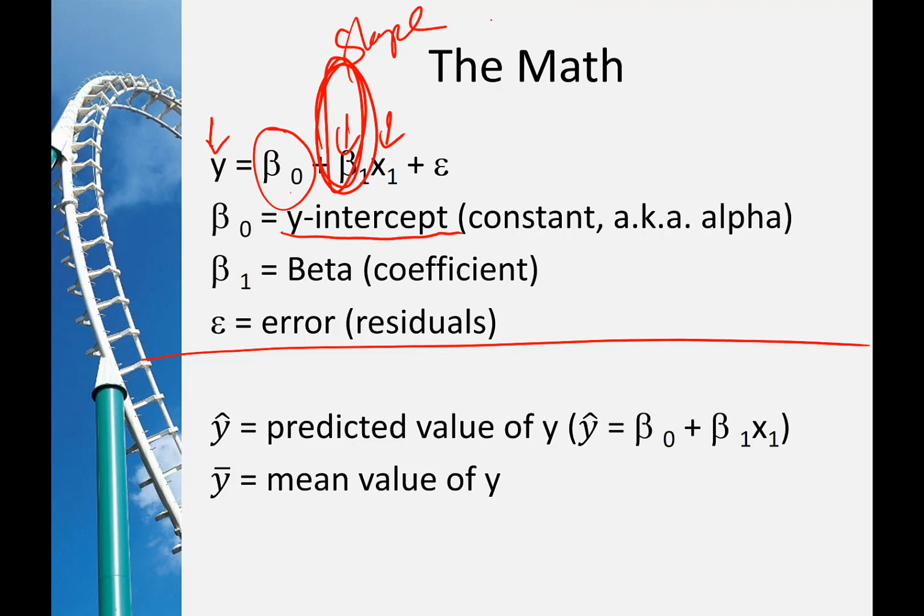Want to show you a couple more things. This is y hat. Yes, that's what we call it. Put a little caret over the y. That's the predicted value of y. So that's the coordinate on the line. The line is the y hat.